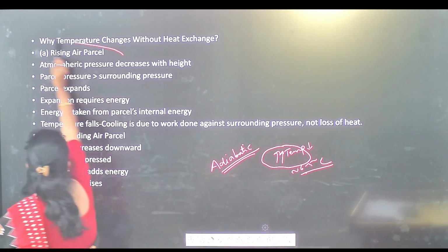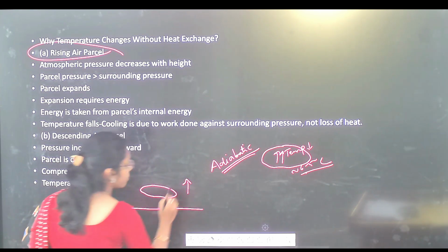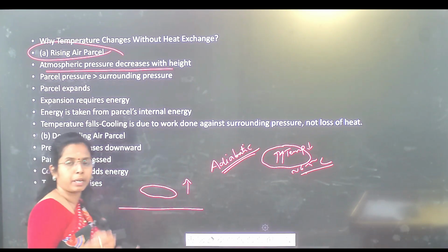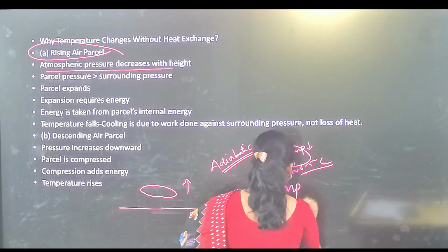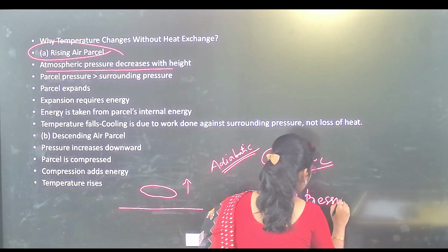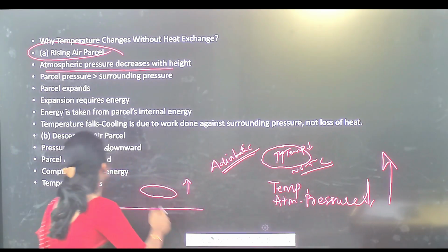Rising air: when an air parcel is rising from the surface, atmospheric pressure decreases as you go up. Temperature and atmospheric pressure both decrease with height.